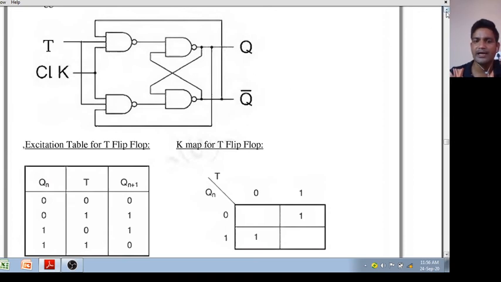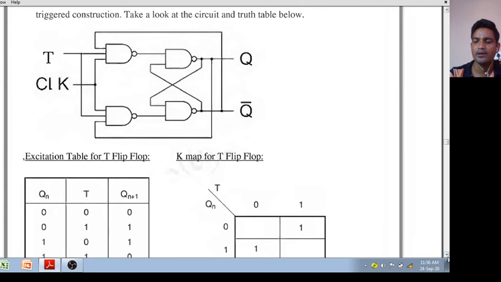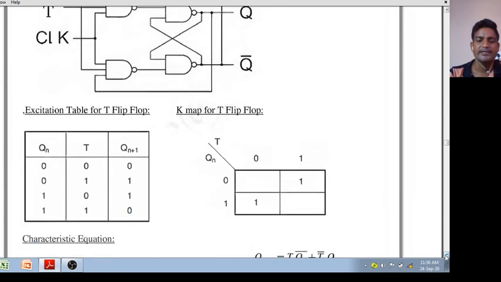Now the characteristics equation. In this case, if T equal to 0, Qn plus 1 equal to Qn, no change. If T equal to 1, Qn plus 1 equal to Qn bar. How will you get?